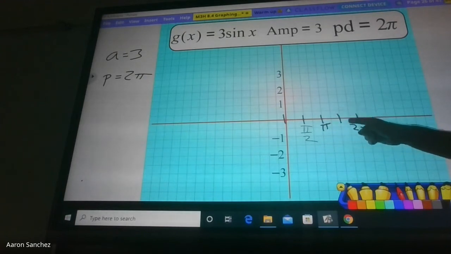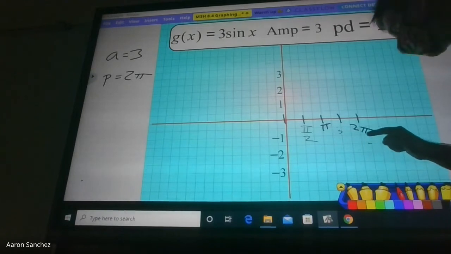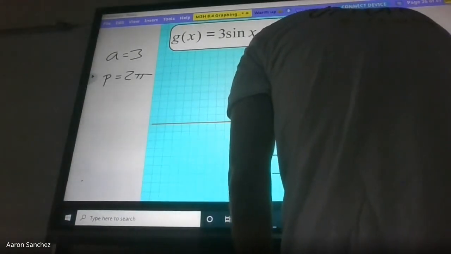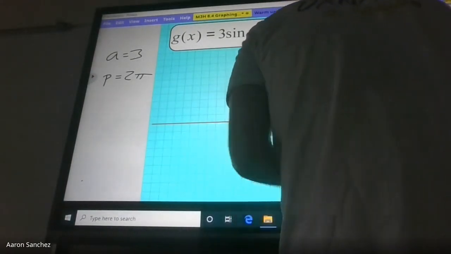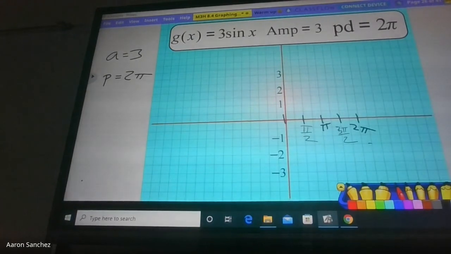So this will be what? 3 pi over 2. And there you go. There's your period. Again, that's what we did before. I already had it filled out for you, but that's how you figure it out. Boom, halfway, halfway, and then count. Boom, boom, boom. Every time you get it. I get that, Sensei. Okay.